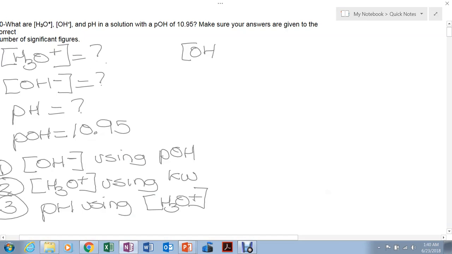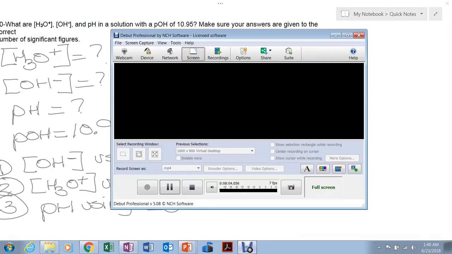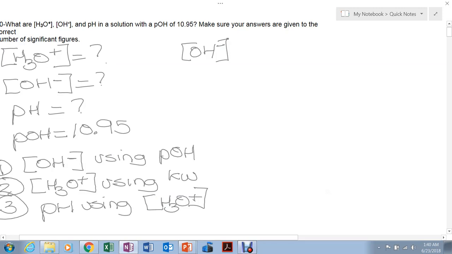Okay, let's find the concentration of the hydroxide by using the pOH. It's 10 to the negative pOH. So the concentration of hydroxide would be equal to 10 to the minus 10.95.